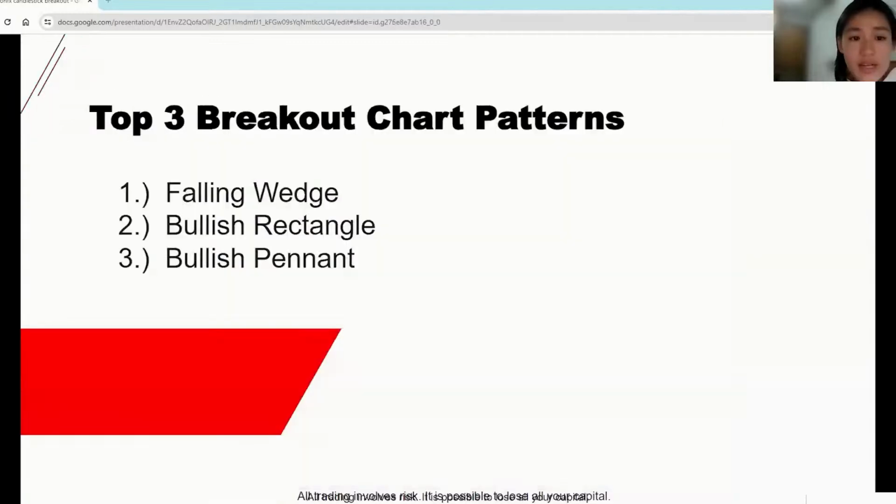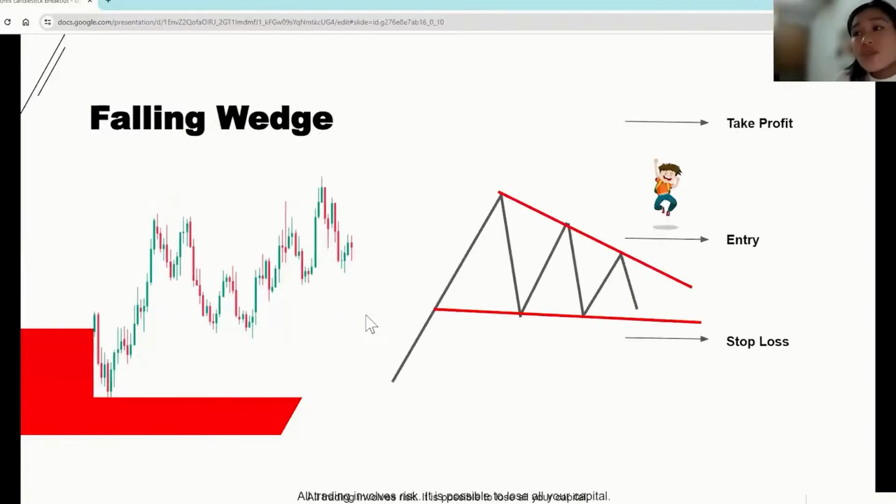Okay, let's look at our top 3 breakout chart patterns. Firstly, we'll be looking at our falling wedge, then our bullish rectangle, and then our bullish pennant. Starting off with our falling wedge, this is where we would roughly place your take profit, entry and stop loss levels.